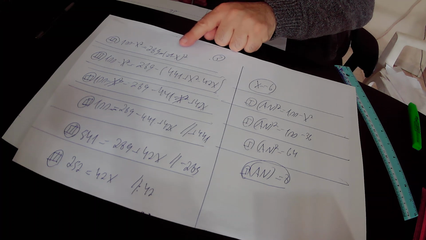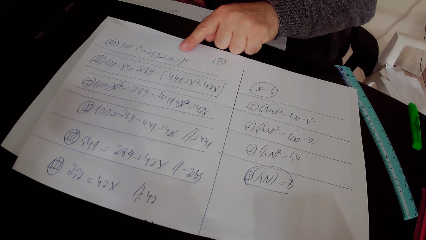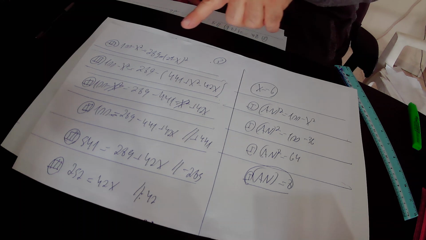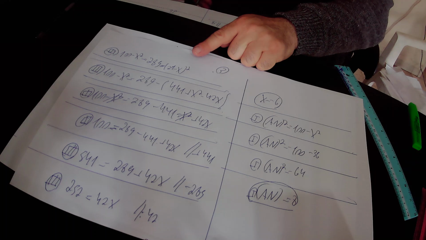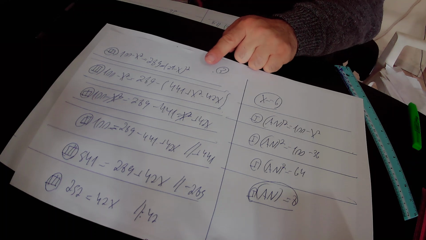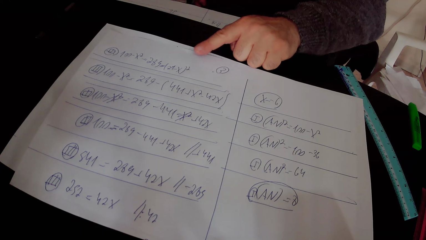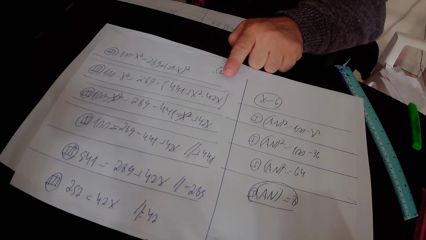Here we open the brackets of the expression (21 minus x) squared, and found out that according to equation 3, 100 minus x squared equals 289 minus, and here we have (21 minus x) squared equals 21 squared, that is 441, plus x squared minus 2 times 21 times x, which is minus 42x.